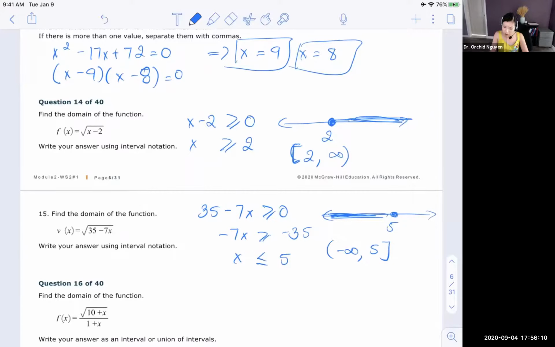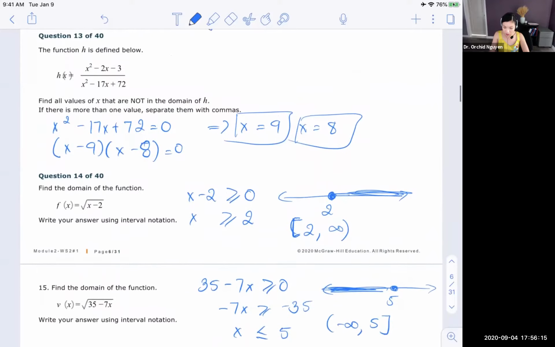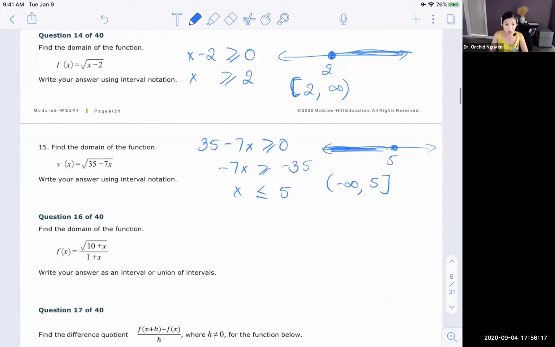All right, for number 16, just like number 13, you don't want 0 on the bottom. So I'm going to take this and set it equal to 0. So x cannot be negative 1. How do we write this one?